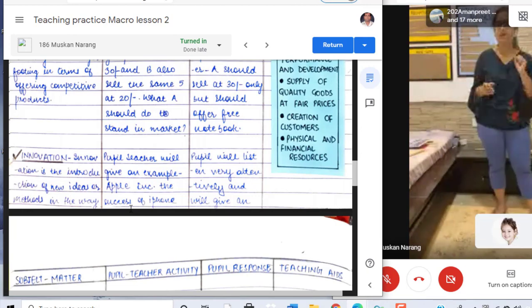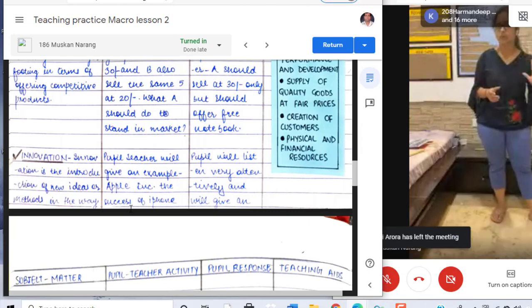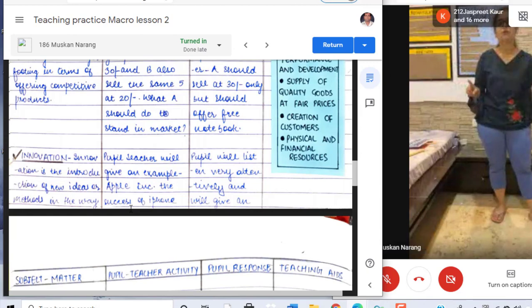Now the situation here is A is selling 5 gel pens at rupees 30, and B is also selling the same gel pens at rupees 20. The problem here is what B should do in order to stand in the market against his competitor A. What should B do?